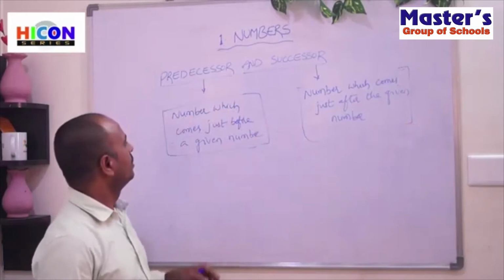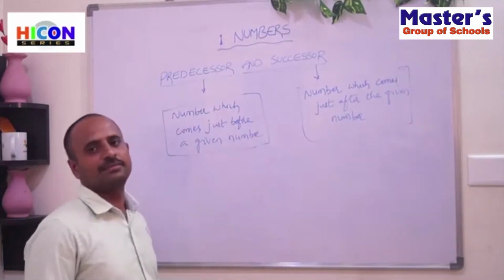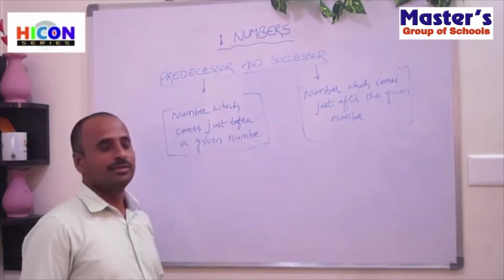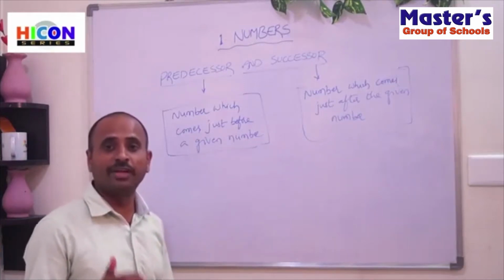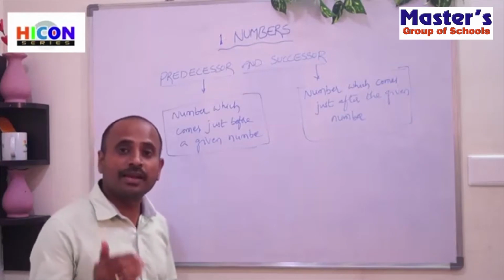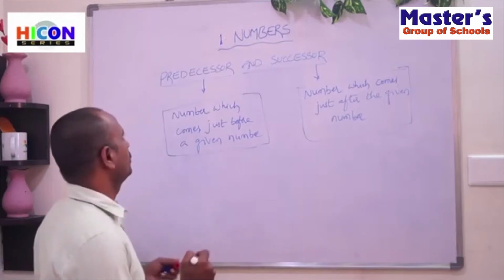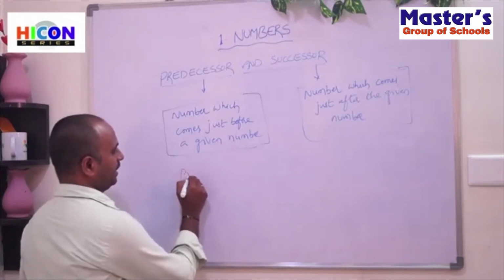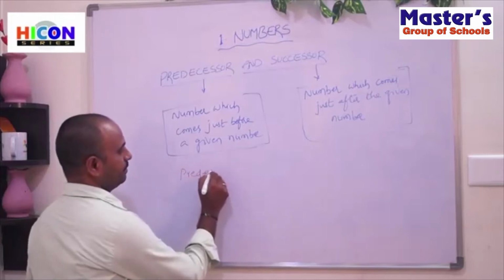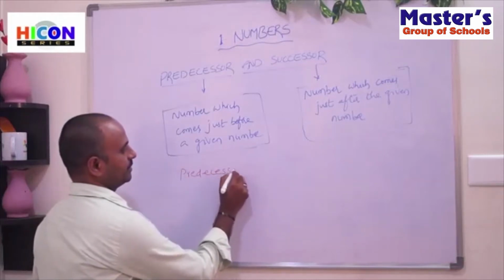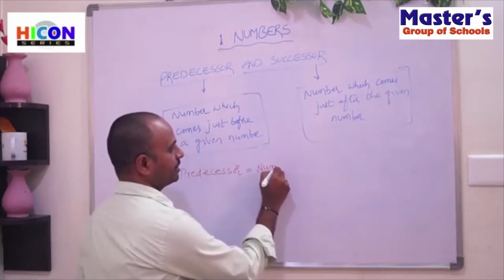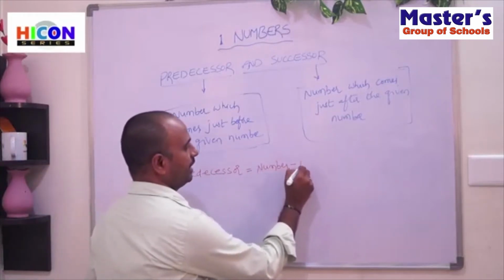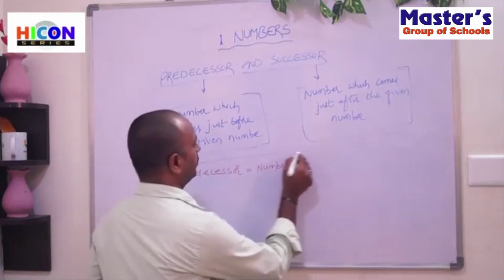So children, how can we get the predecessor for a given number? We can obtain the predecessor for a given number if we subtract 1 from it.